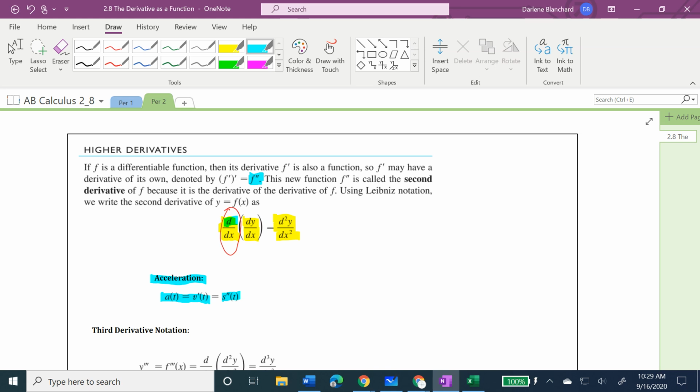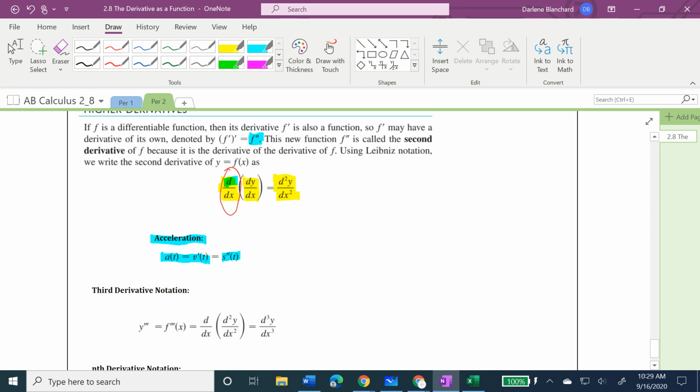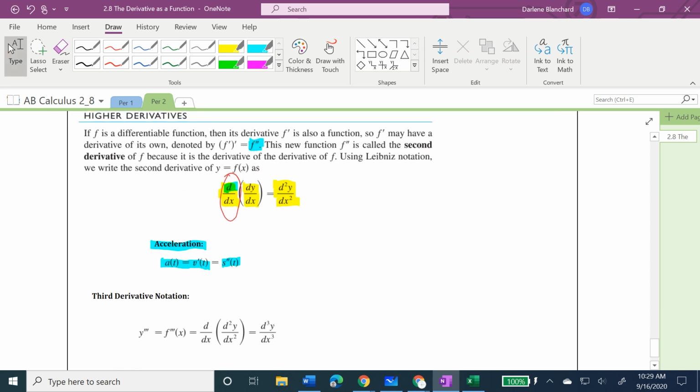Now, as we go on to third derivative notation, I have a riddle for you. And hold off until I say, writing the answer to the riddle in chat. So, what is the rate of change of acceleration with respect to time called?